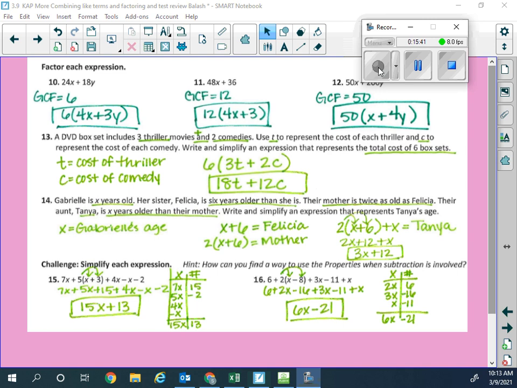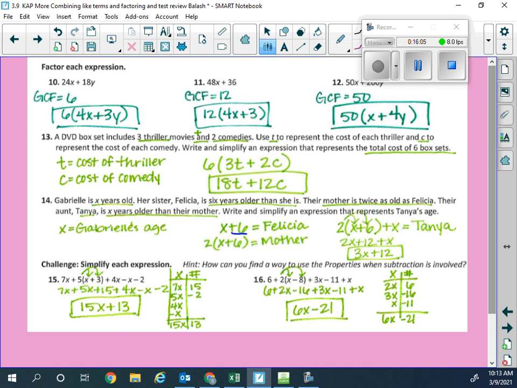14. I agree. Whenever I first read 14, I was like, what? And you have to read it again. So, it says that Gabrielle is x years old. So they just put x on here. The sister Felicia is 6 years older. So that's where we got Felicia was x plus 6, okay? Then the mother is twice as old as Felicia.